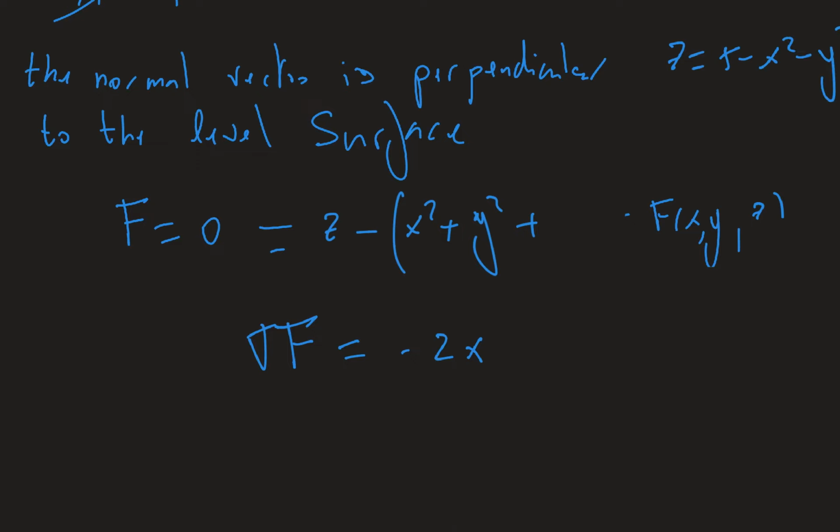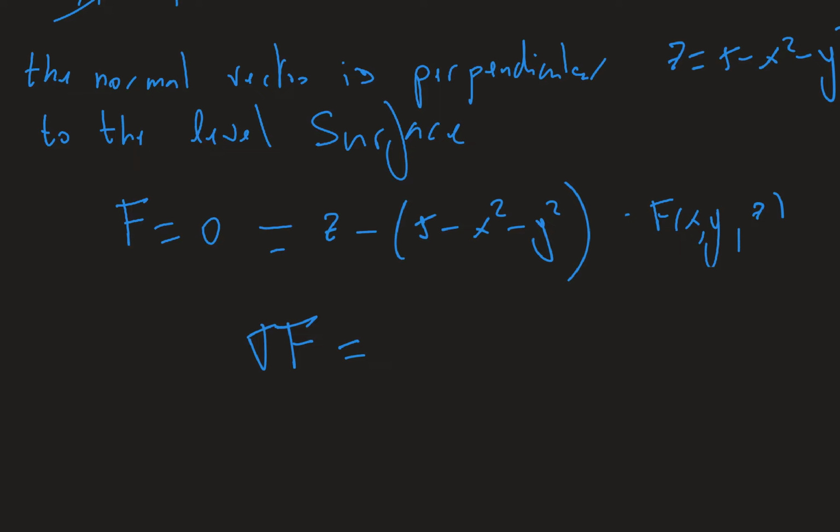So I'm going to construct the function z minus 5 plus x squared plus y squared. I want the gradient to go in the opposite direction. That's why I changed what I said.